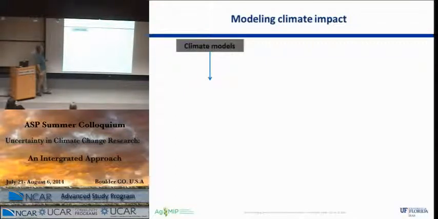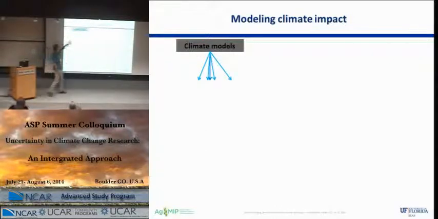Let's move into uncertainty. In the past, we maybe had one climate model, but for many years, impact modelers started using more than one because we became aware that there's uncertainty in what these data and scenarios are.